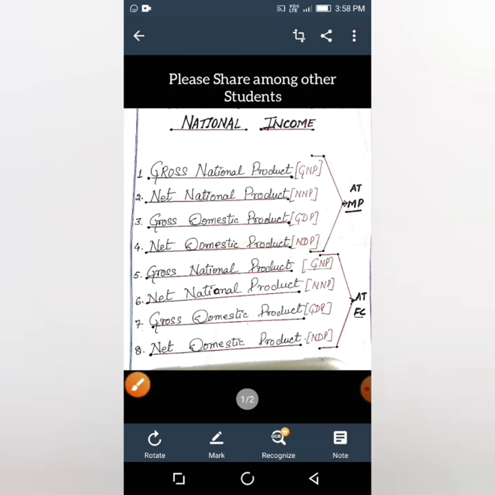For example, suppose the price of a small bag is rupees 6, and in this case national income at market price is rupees 6. But let us suppose that the sales tax, that is indirect tax, on this bag is rupees 2, which is included in the price of the bag.